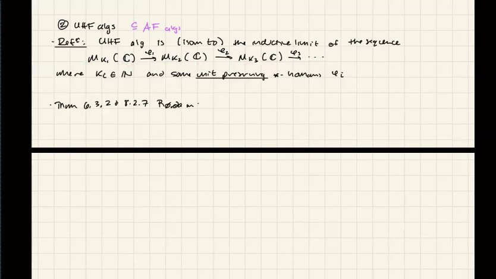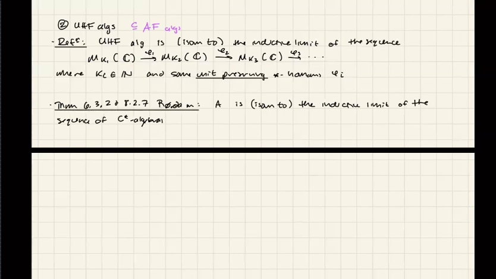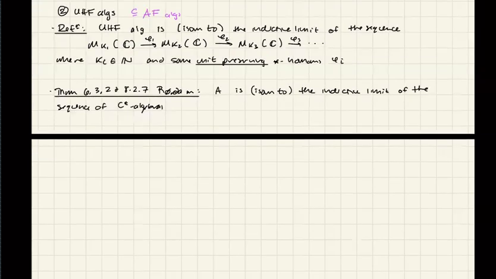But let's say that A is isomorphic to, or just is, the inductive limit of the sequence of C-star algebras. I'm not going to state it as just for UHF algebras. This does hold for any inductive limit of a sequence of C-star algebras. We just apply it in nice situations.